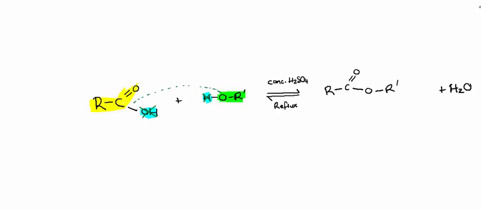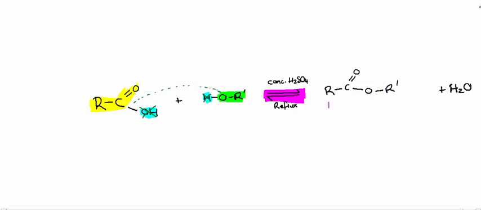A few things to take note of. Firstly, you'll notice that the reaction is reversible. What that means is not all of our reactants are converted to products, and the reaction mixture will contain a mix of all 4 of the reactants and products. So the reactant mixture will have your carboxylic acid, your alcohol, your ester and your water.